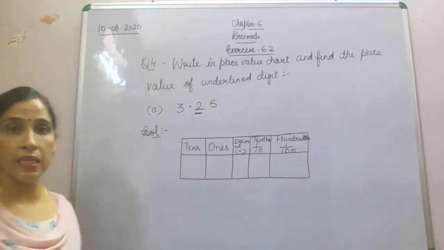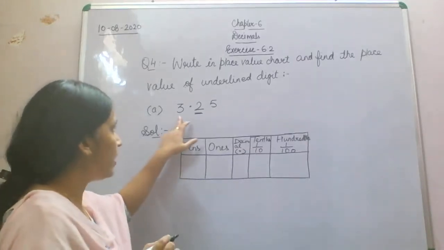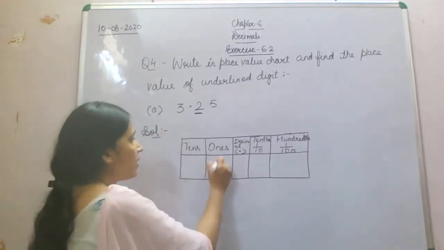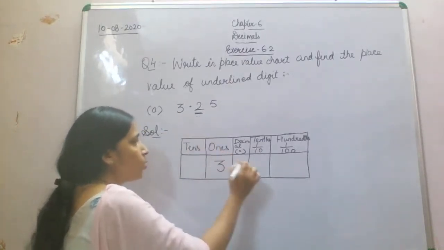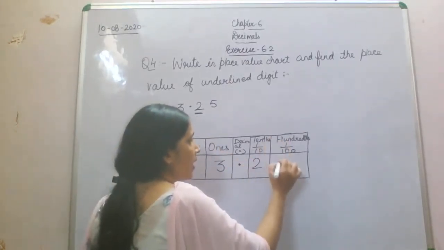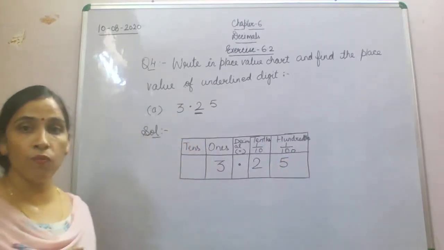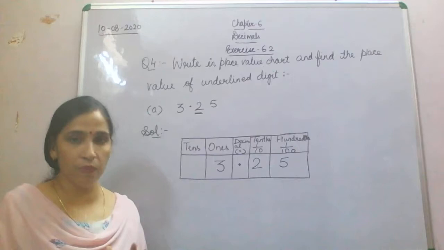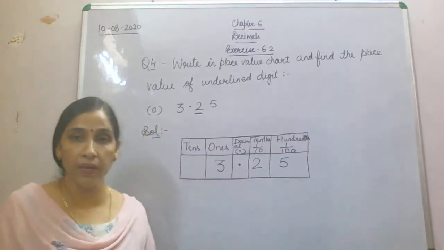So that will be the requirement for this question. Now 3 is your whole number part, which I will write on the ones place, then the point, then 2 in tenths, and 5 in hundredths.